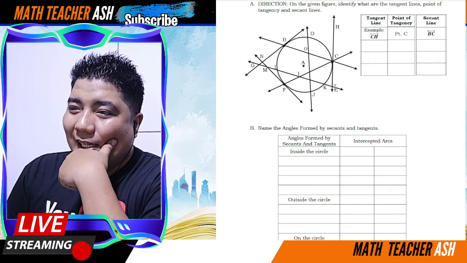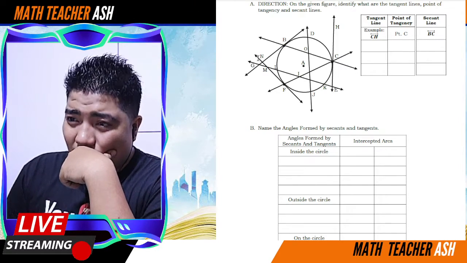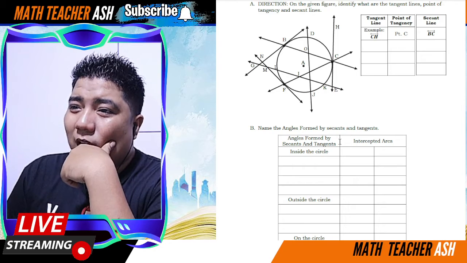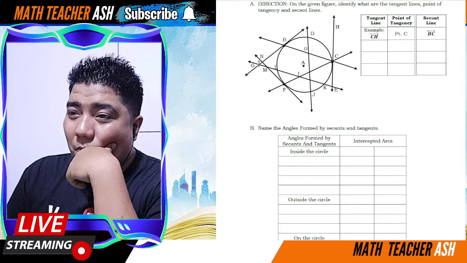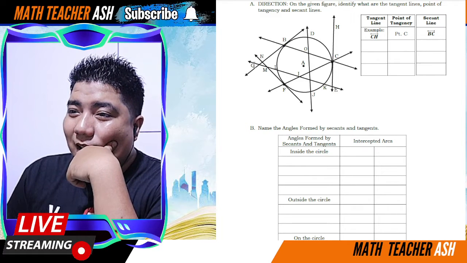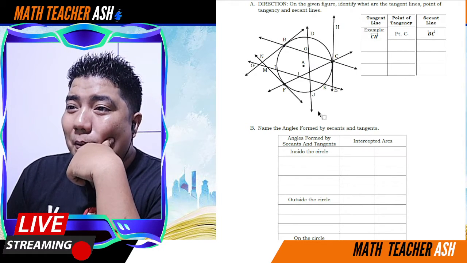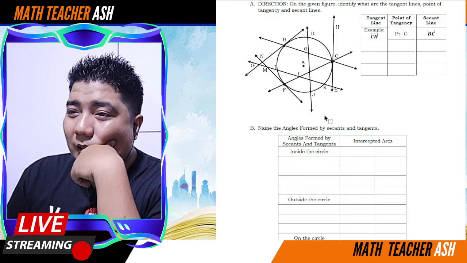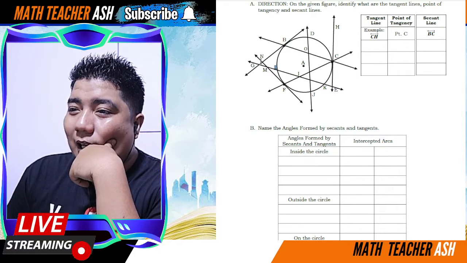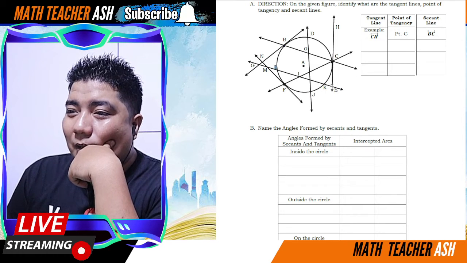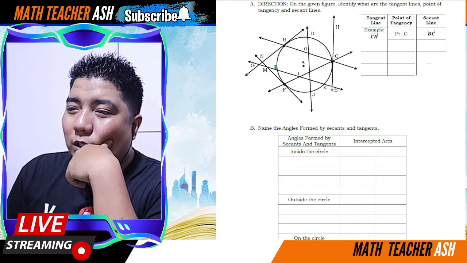Basta angle E. We have angle N. Meron din pala angle G. So, si angle N, si angle G, at si angle M. Marami pala. Okay? So you could have angle M, angle G, angle N, and angle E. So yun, ang mga outside the circles.